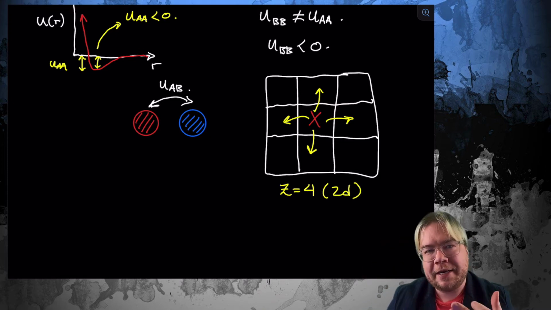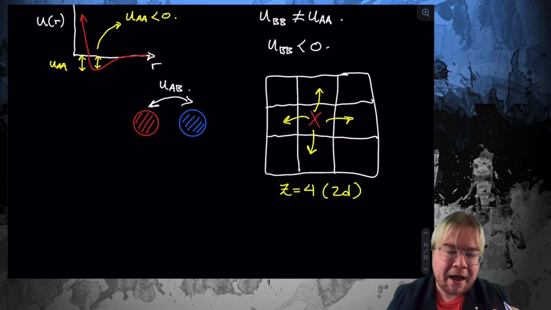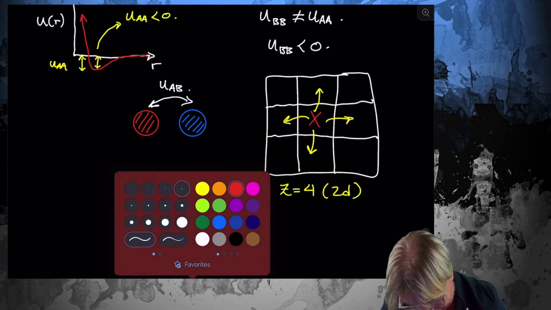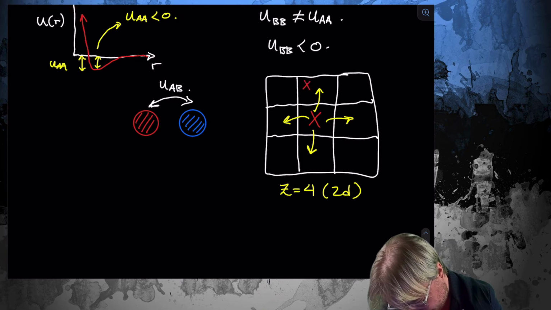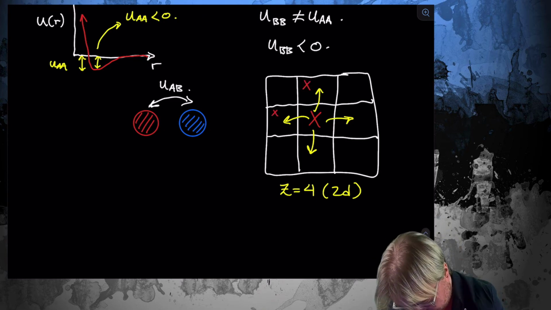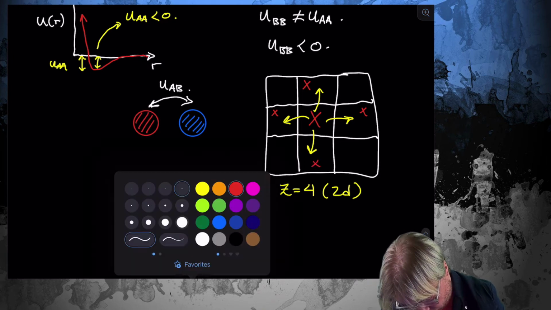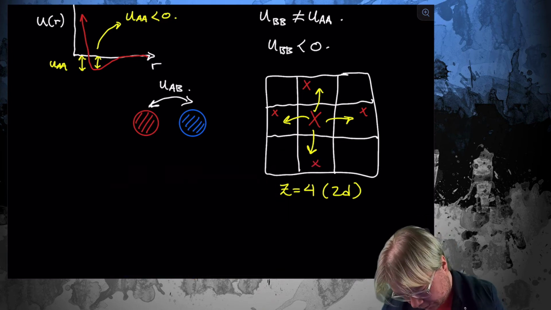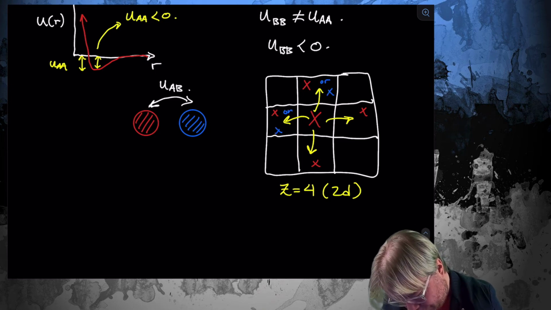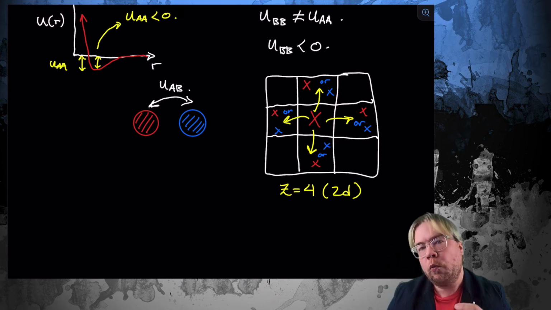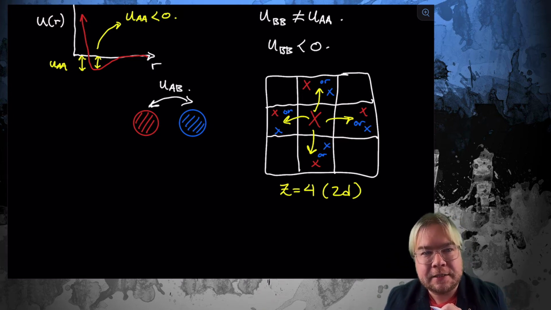And that's how many neighbors this particle is going to have on average. And then in addition to how many neighbors there are, I could have a red particle in all of these boxes actually, or I could have a blue particle in these boxes. So I'm going to have to figure out a way to see what is going to be in those neighboring sites.